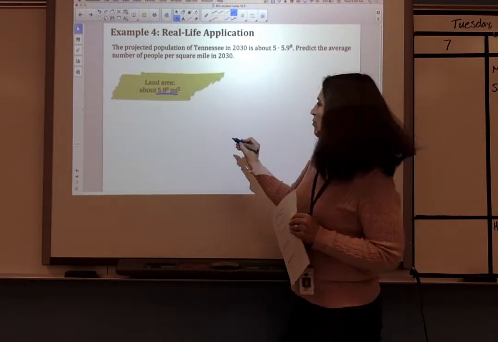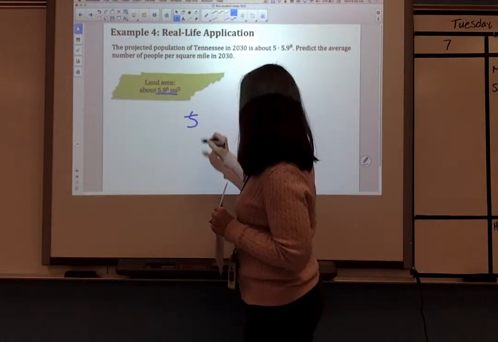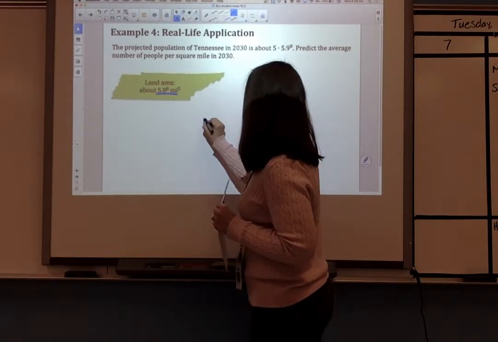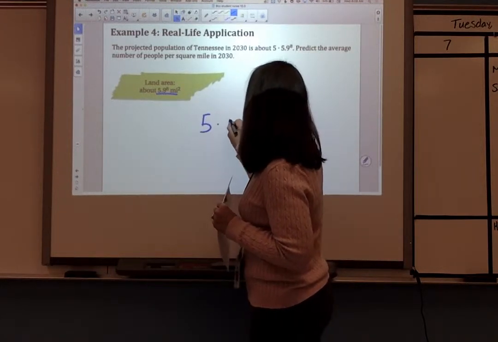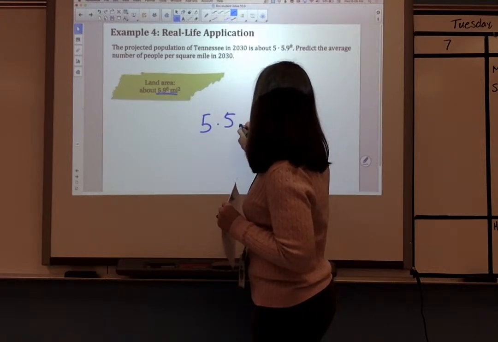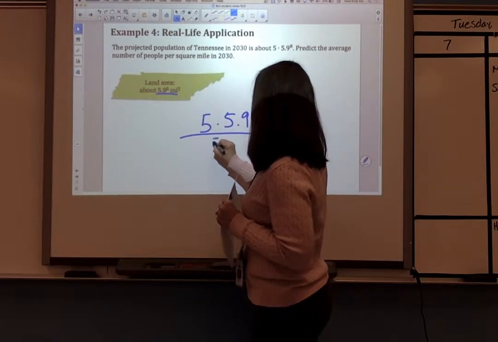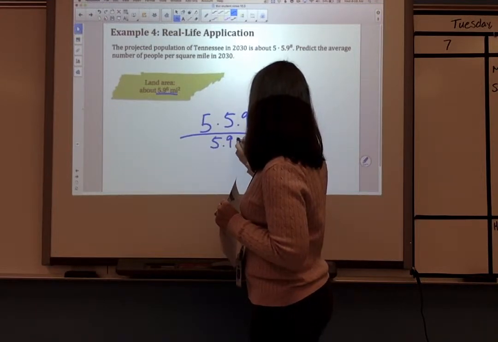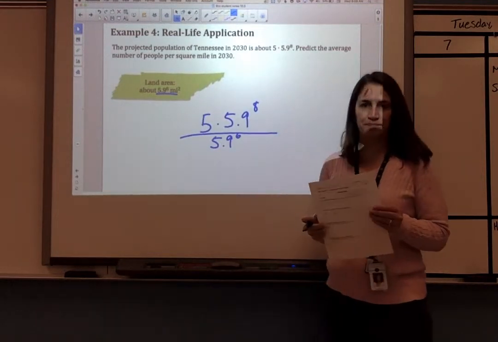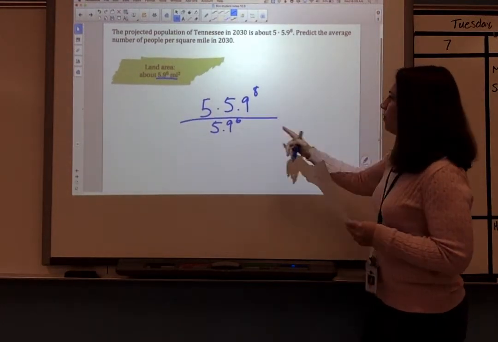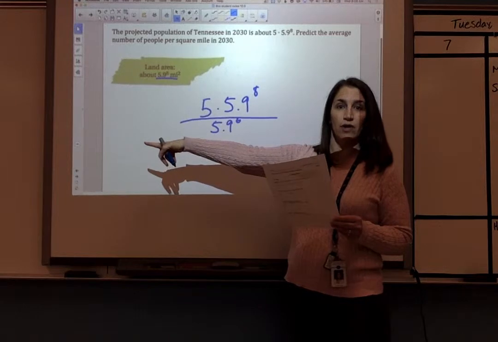Okay, so the total number of people is 5 times 5.9 to the 8th, all over 5.9 to the 6th power. Okay, so let's rewrite this, and we'll pull out this 5 in front of our fraction.